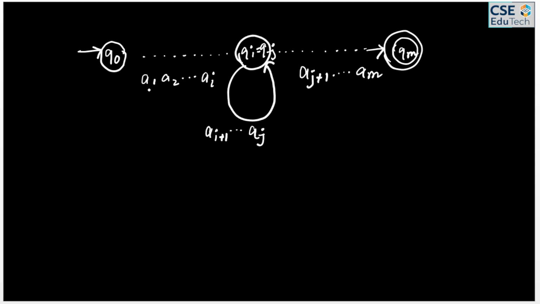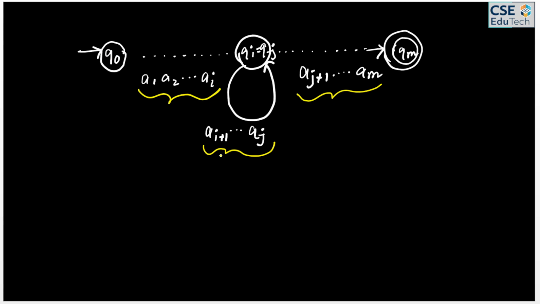Okay, so again I repeat, after reading a1 to ai, you go to state Qi, and after reading a(i+1) to aj, you are in the state Qi, or we can say Qj, because these states are the same. And after reading a(j+1) to am, you go to state Qm, and that string will be accepted.